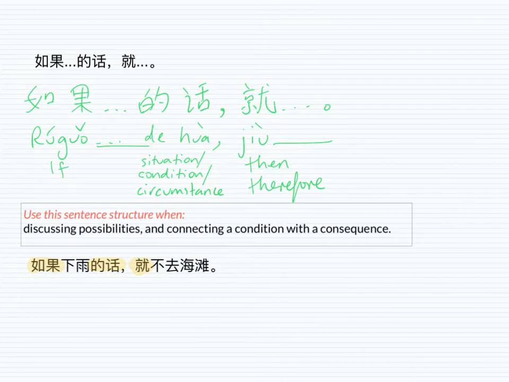I'll write the pinyin in there for you. 如果下雨的话就不去海滩.